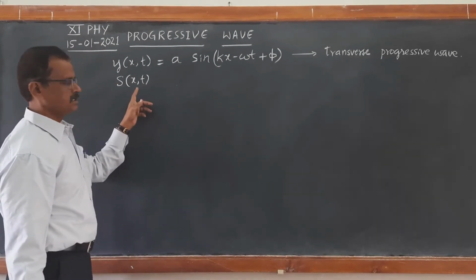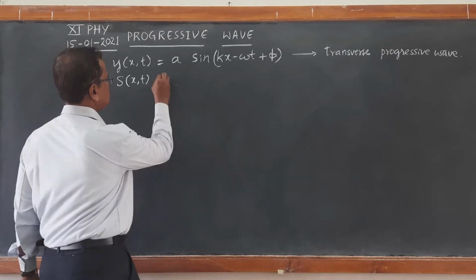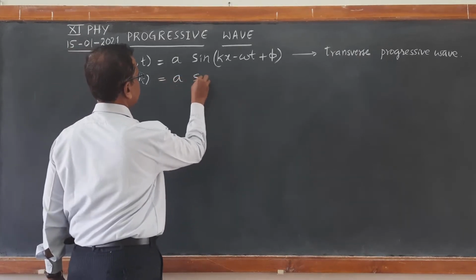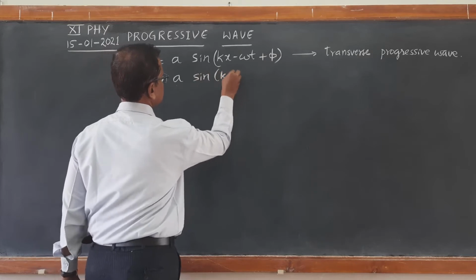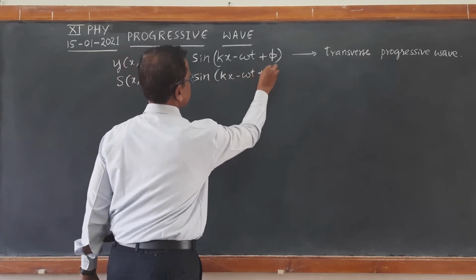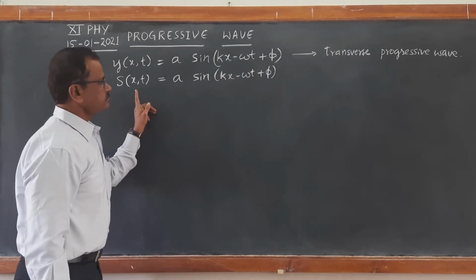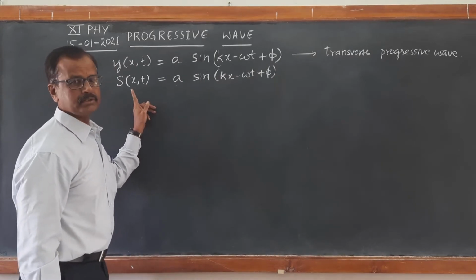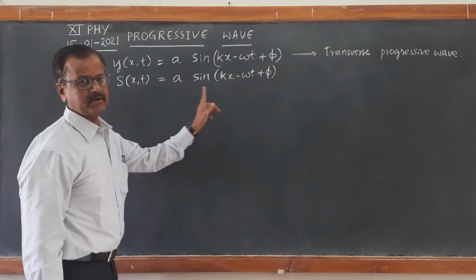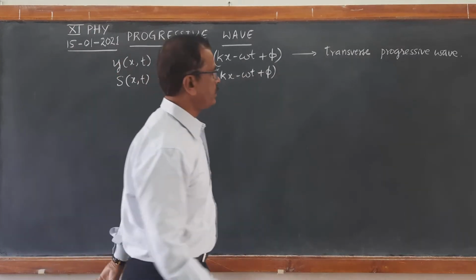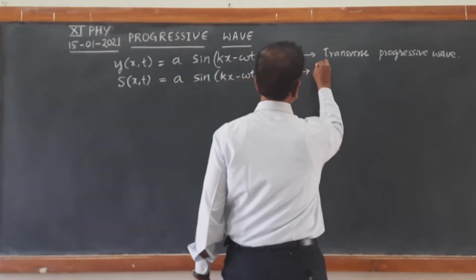So s(x,t) displacement is equal to amplitude A into sin(kx minus omega t plus phi). Same equation, only the displacement is along the same direction as the direction of propagation of wave. So this is a longitudinal wave.